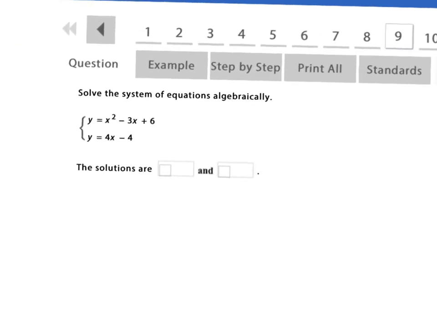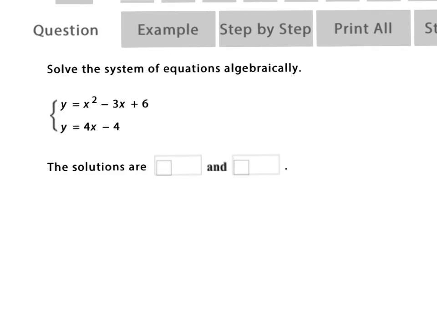This one says do it algebraically. But guess what? I'm going to do the exact same thing and use my calculator. So I'm going to put this in y1. I'm going to put this in y2. So y1 here is x squared minus 3x plus 6, and then 4x minus 4.